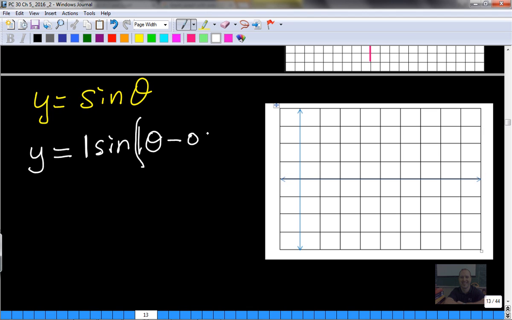Minus 0, because we don't move it left or right, because there's nothing here. And what about the D value? 0 as well. Okay? So on a regular graph, A is 1, B is 1, C is 0 and D is 0. So we don't move left or right or up or down. On a typical graph, those are the values there.